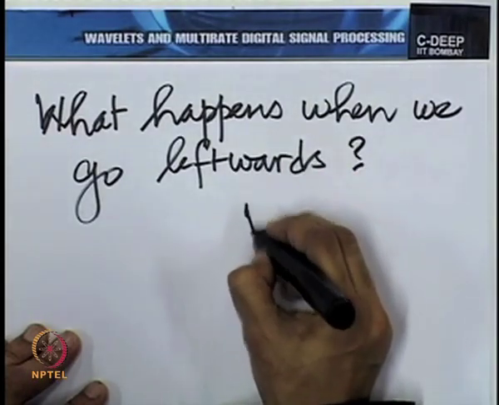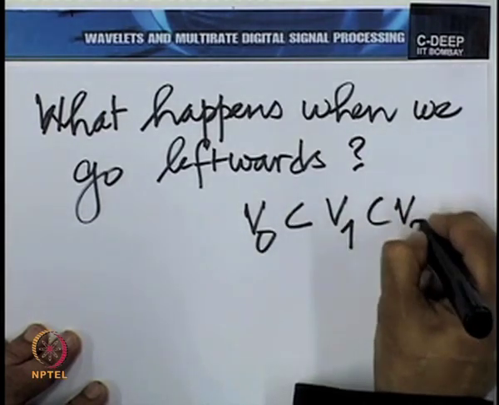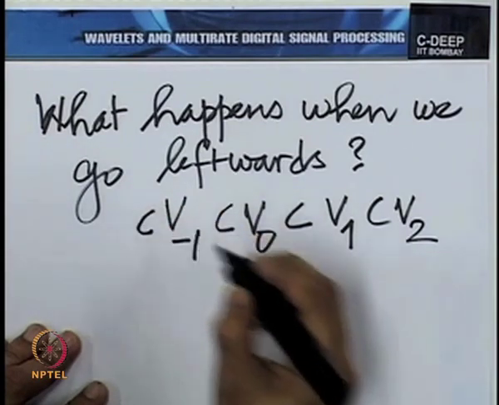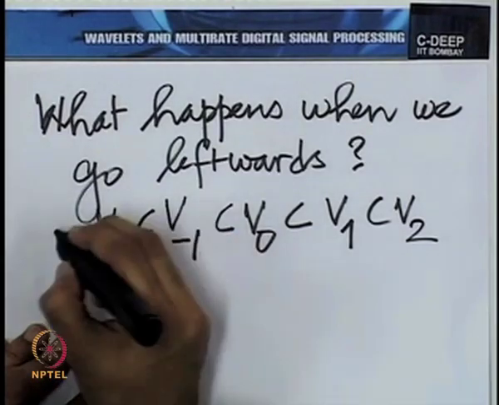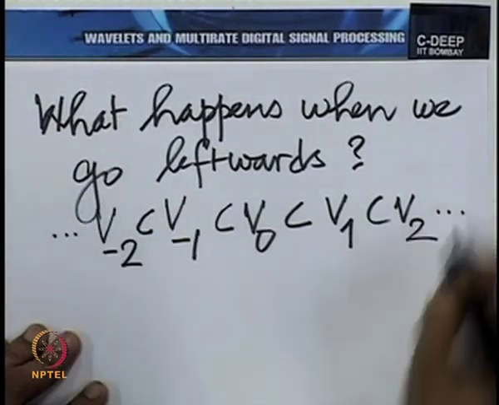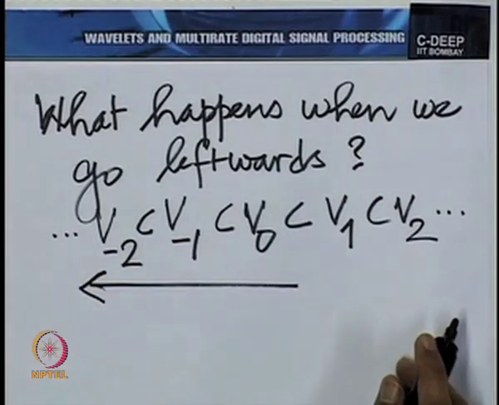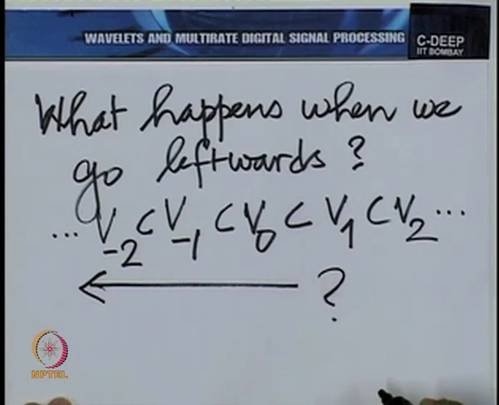What I mean by that is, of course, you have V0 contained in V1, contained in V2 and then V minus 1 contained in V0, and so on here, so on there. What happens when we go this way? What do we think should happen?